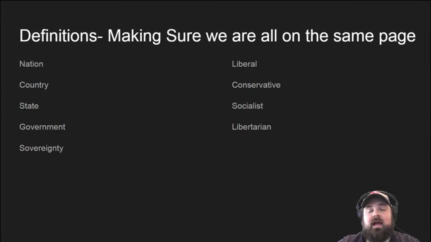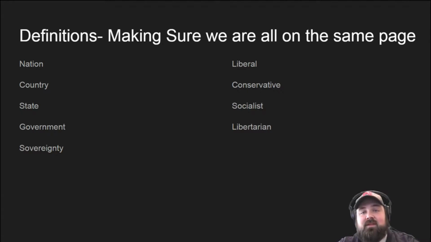But for right now, what you need to know is that it is the ultimate decision-making authority. Traditionally, over the last 500 or so years, it has been vested in the state, and particularly the nation state. This is the idea of a state tied to a particular nation of people that live in a particular country.